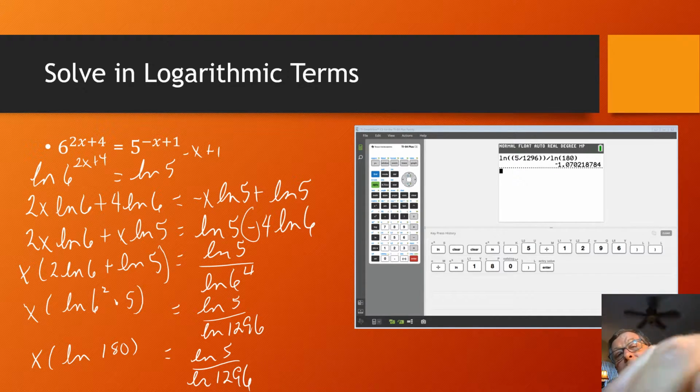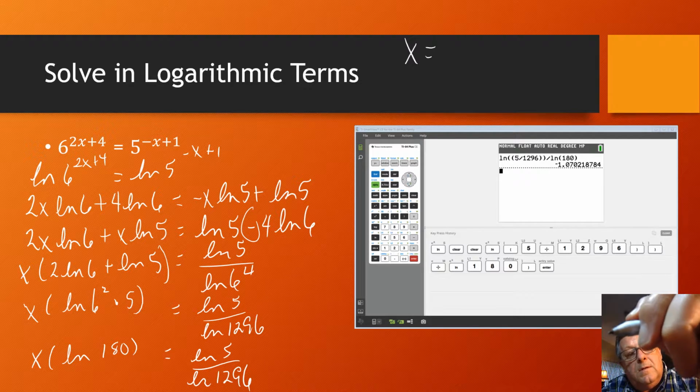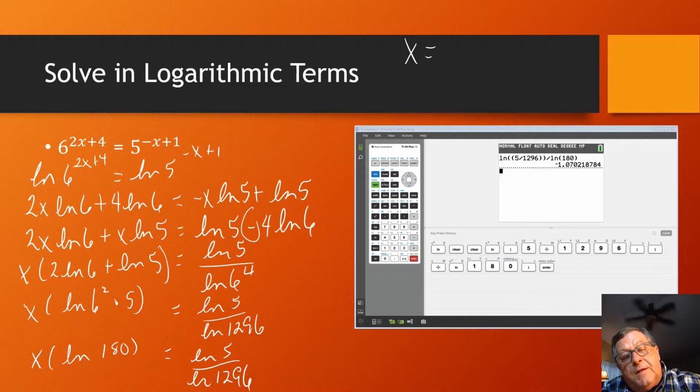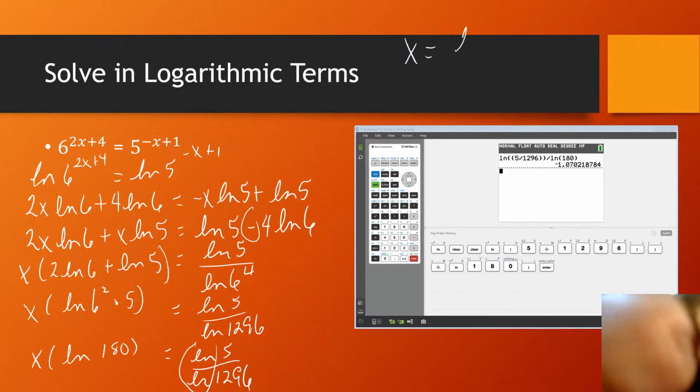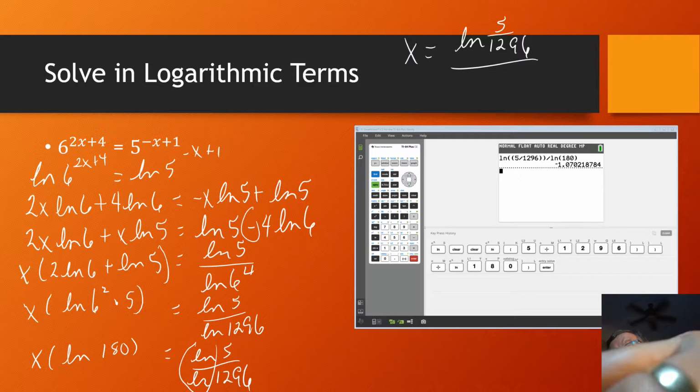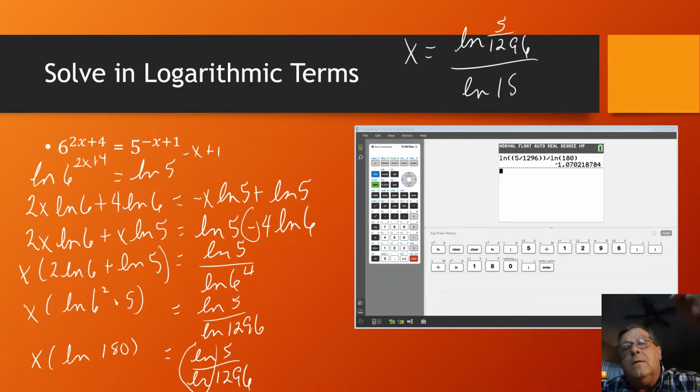So now we've got x equals, and since both of these have an ln in it, I'm going to just write it like this: ln 5 over ln 1296, divided by ln 180.